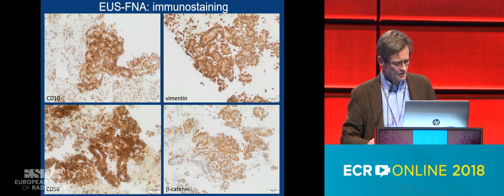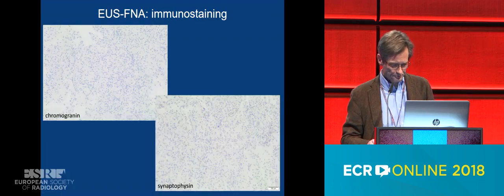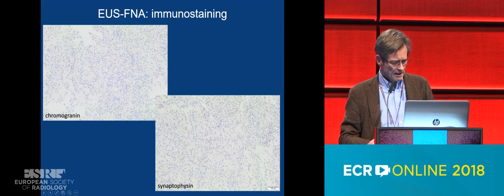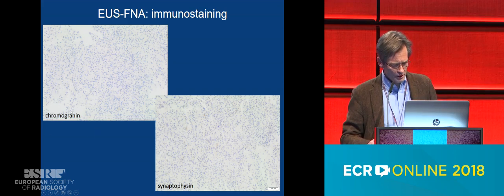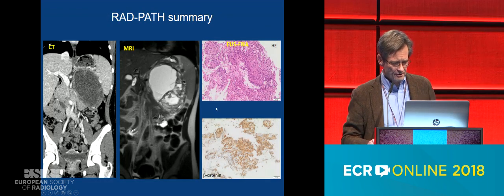In this particular case, the markers CD10, vimentin, and in particular beta-catenin were positive in the immunostaining. On the opposite side, chromogranin and synaptophysin were negative. So this is the summary.